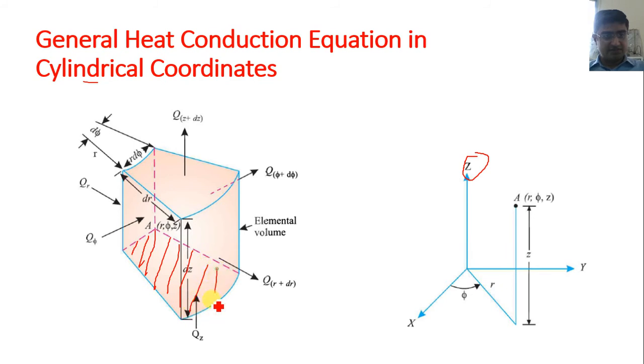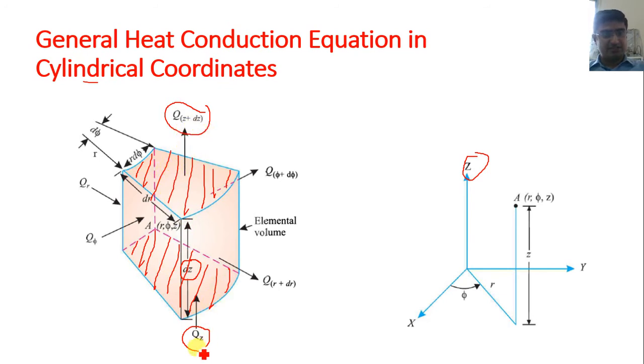Some amount of heat gets in through the bottom face, and the thickness of that element in the z direction is dz, the vertical thickness. And some amount of heat also comes out from the top surface in the z direction, within the dz thickness, which is known as Qz plus dz.